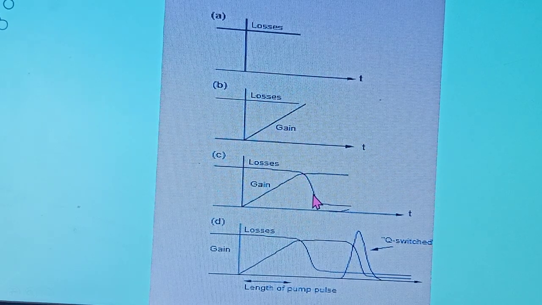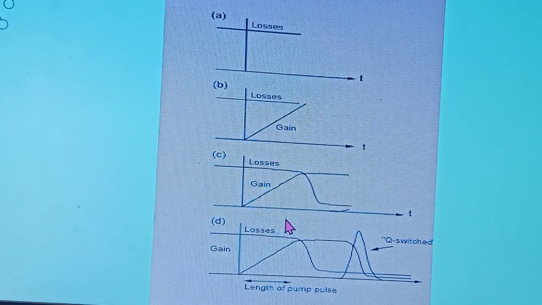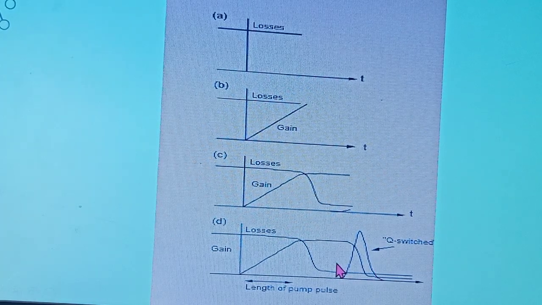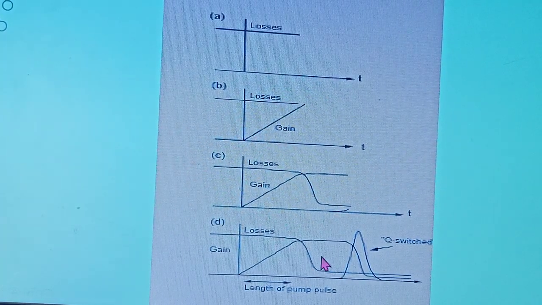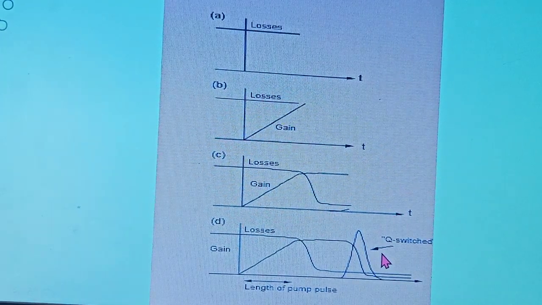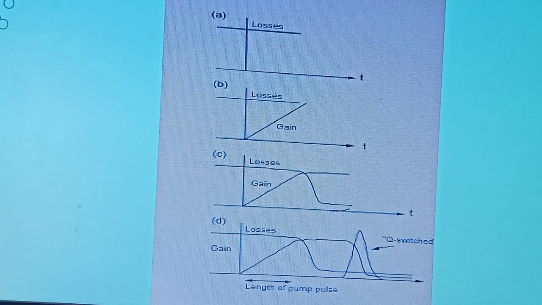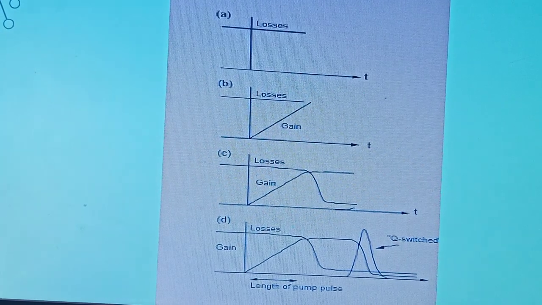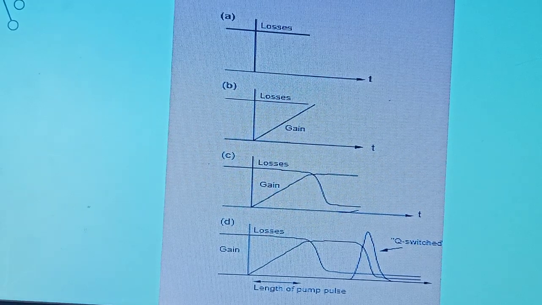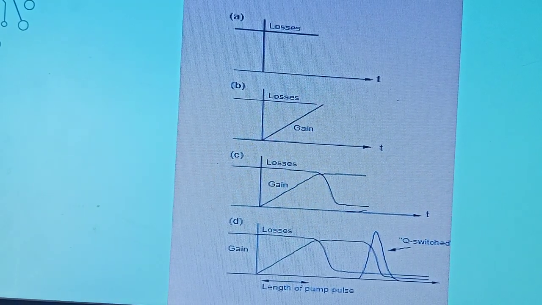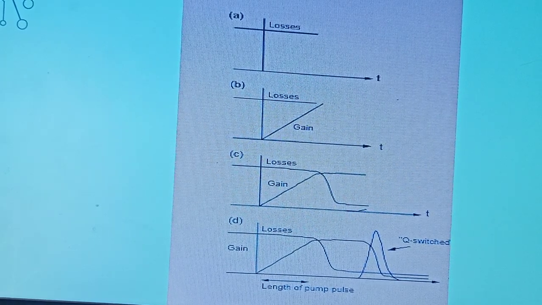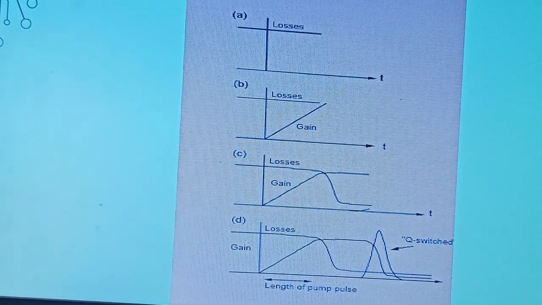When the shutter is open, the round trip is completed, and thus a Q switched high energy pulse comes out through the end coupler. Alright, so these two techniques are very important, and they find applications in many fields.